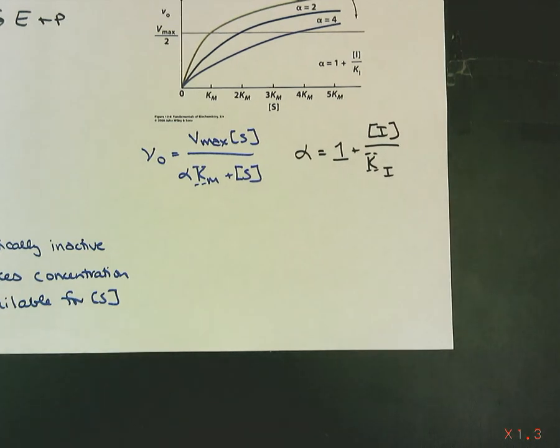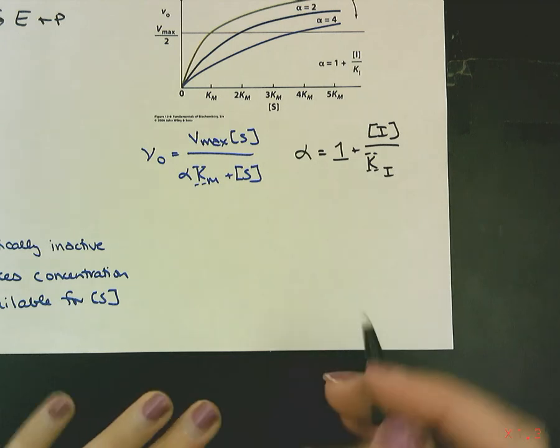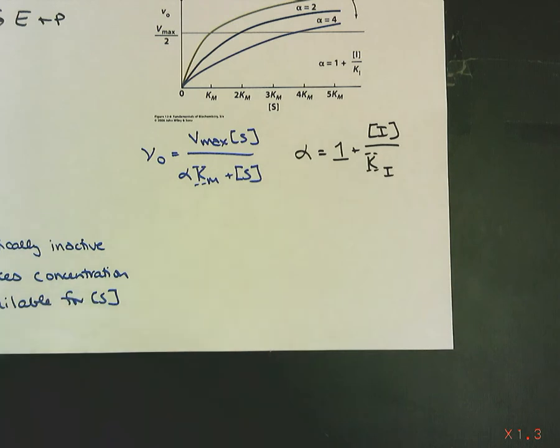Alpha is equal to 1 plus the concentration of I divided by Ki. So that is our inhibition factor.